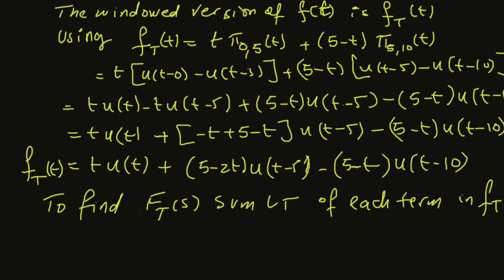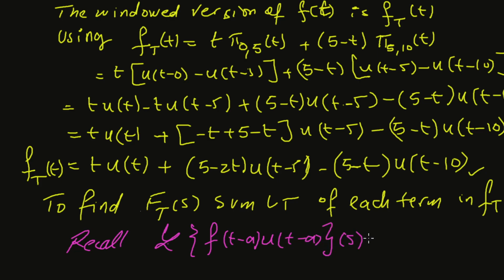Before we do this for each term here, let's recall that the Laplace transform of f of t minus a times u of t minus a, on s, is given by exponential of negative a s times capital F of s.